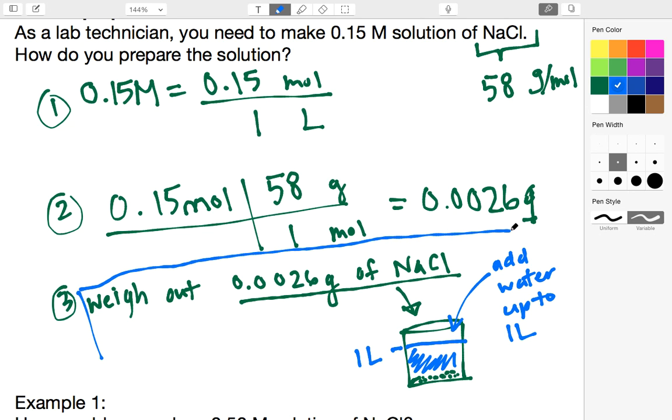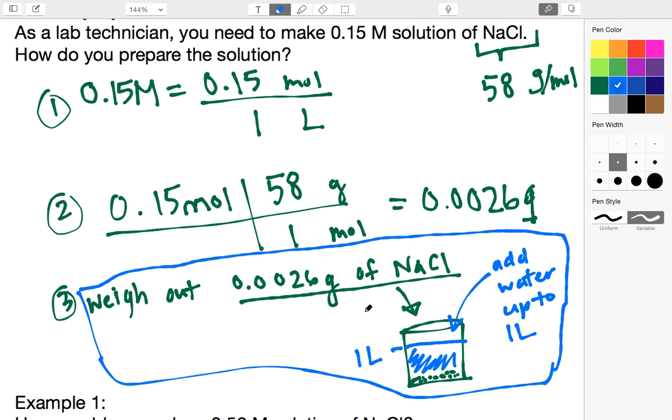So you have to tell the person you're going to weigh out 0.0026 grams of NaCl, and then you're going to add water up to 1 liter. And if you do that, you should get the concentration 0.15 molarity, which is what you want at the end.